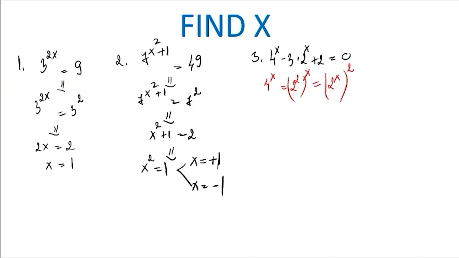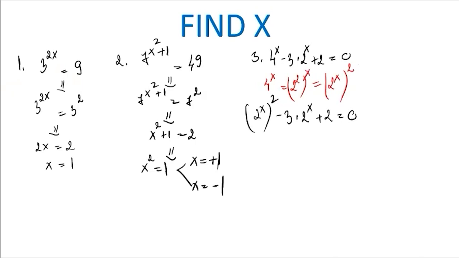So I come back to my initial equation and replace 4 to the power of x with 2 to the power of x, everything squared, minus 3 multiplied by 2 to the power of x plus 2 equals 0.